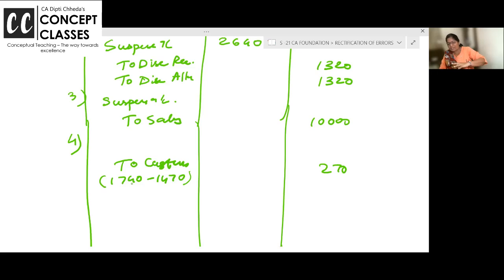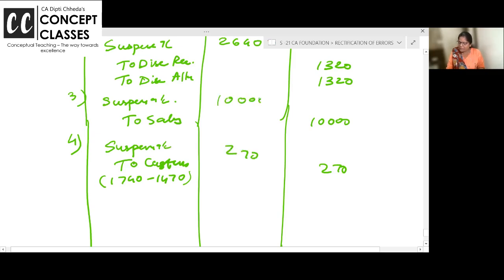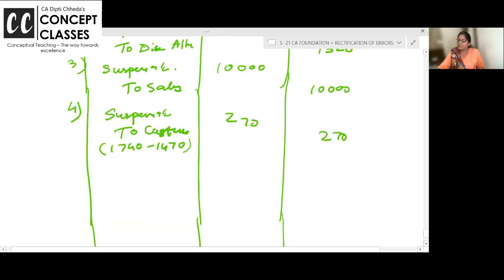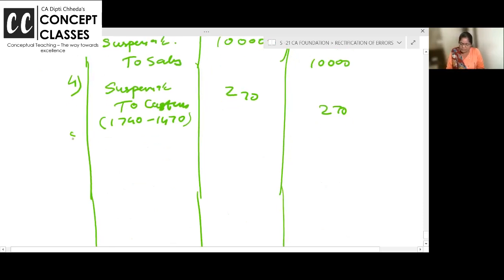Actually, customer should be debited by 1470. So credit the customer. Suspense account. Oh, I'm missing debiting the suspense account. If something else is missing, do it. Suspense debit to sales. Suspense debit to customer.